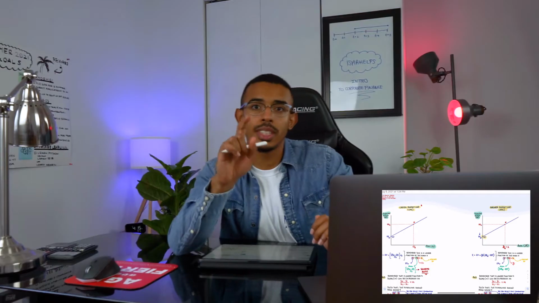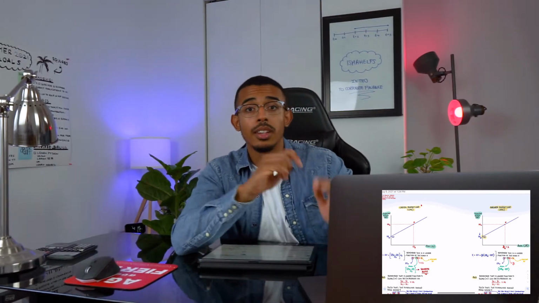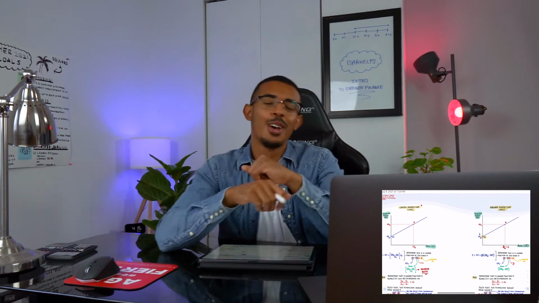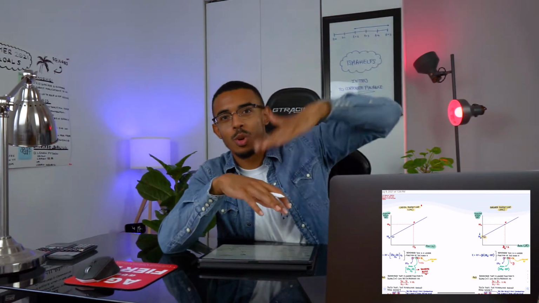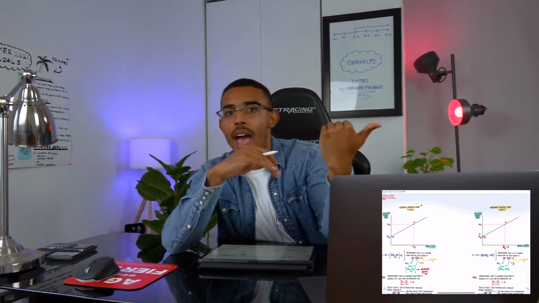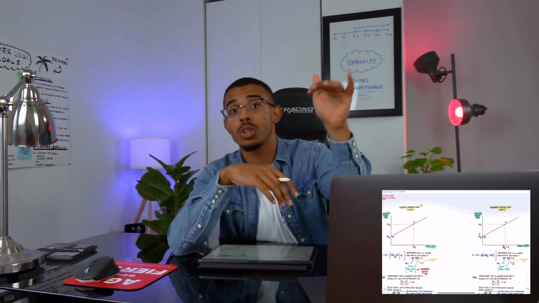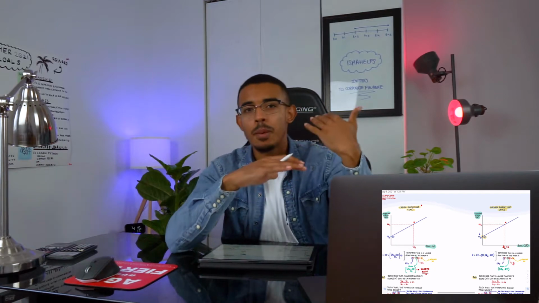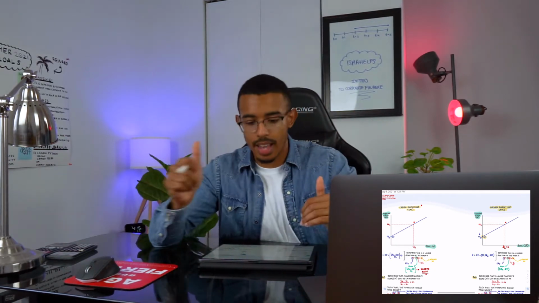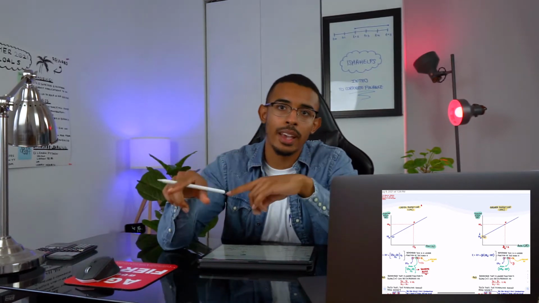So that's the first key distinction that you need to make. The CML and also the CAL deals with expected returns as your y-axis and risk as your x-axis, all right? Whereas the SML looks at expected returns on your y-axis, but it looks at beta on your x-axis. That's the first key distinction that you need to be able to make.